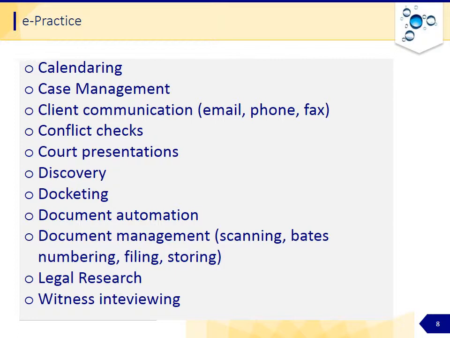So as you can see, even if it's not a virtual law office, a lot of firms use technology in all of these areas, and therefore Six Sigma can be applied to reduce errors within these specific areas.